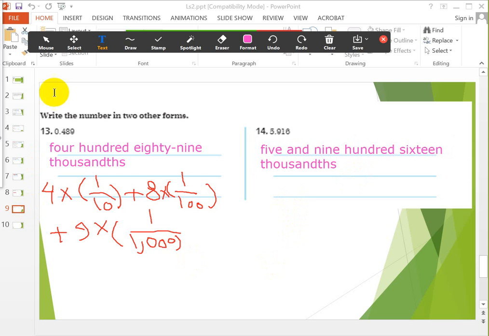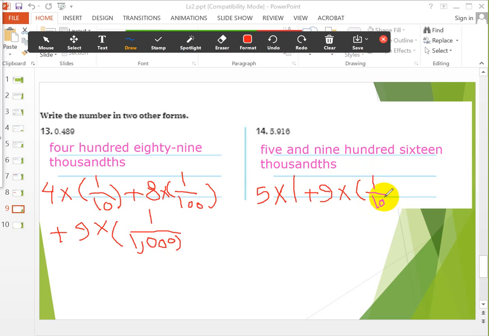What about the expanded form? In expanded form, I have to write each number according to its digit. The 5 is in the ones digit, so its value is 5 multiplied by 1. Thank you, Larissa. What about the number in the tenths digit? Plus 9 multiplied by 1 over 10.